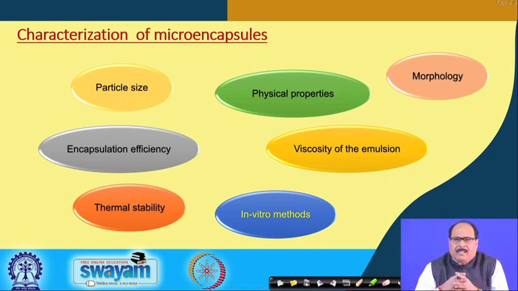There are various methods available in the literature for these determinations. Even the encapsulation efficiency can be determined, or one can find the viscosity of the emulsion, the thermal stability of the microcapsules can be determined, or in vitro methods etc. are available for these determinations.